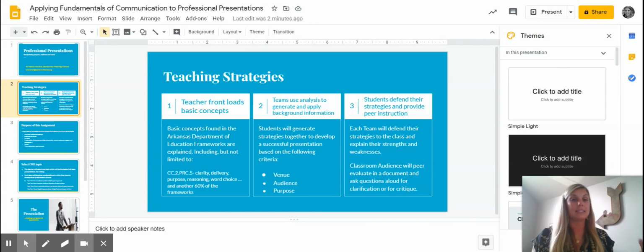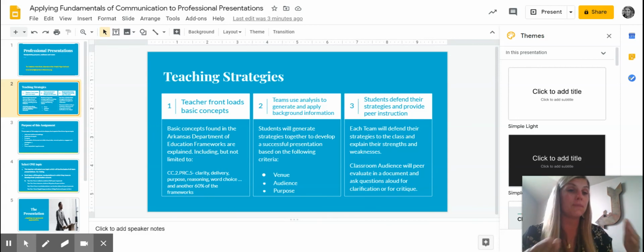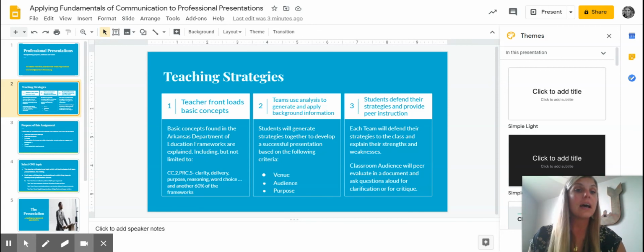So after the team gives their presentation on, let's say, I'm going to use the example of voting, the importance of voting, they're going to say, these are the strategies we used because this was our audience and we felt it was appropriate. Then the class is going to raise their hand and ask questions. Why didn't you do this? Did you consider that? And that will continue the learning process and allow everyone to engage in the learning process.